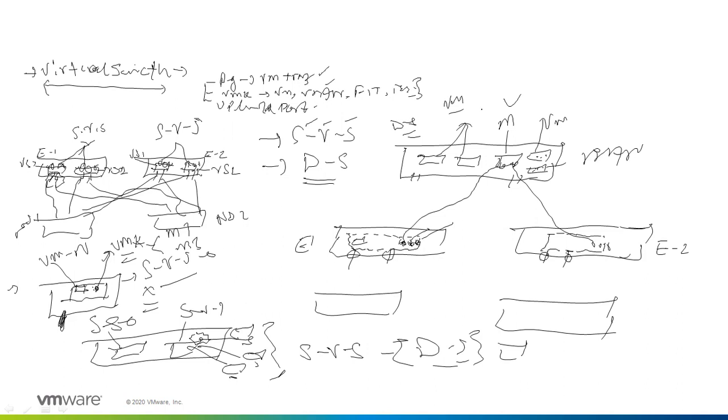So it all depends on how people are using the environment. Sometimes people use SVS primarily for management, and maybe for vMotion, maybe for vSAN, and for all virtual machine traffic they use DVS. So this hybrid architecture altogether is possible.